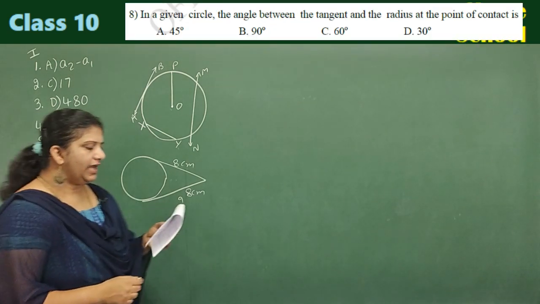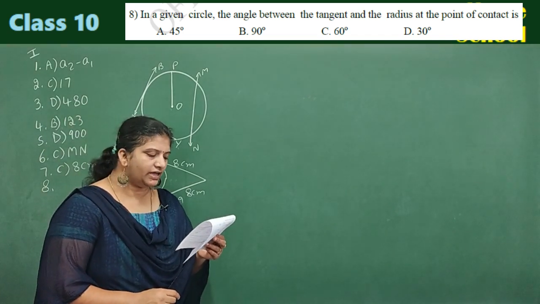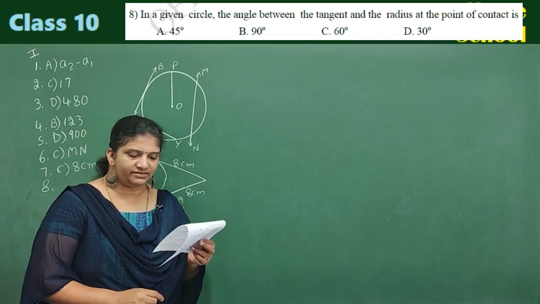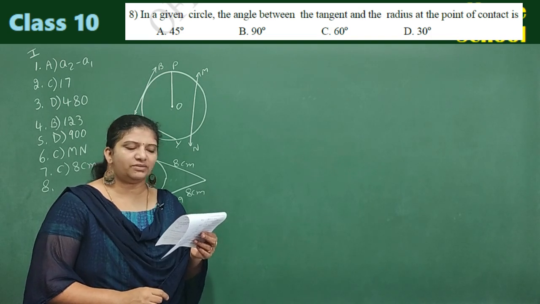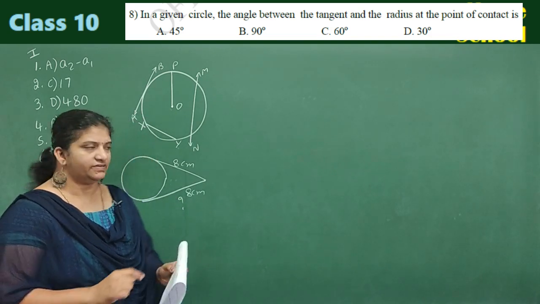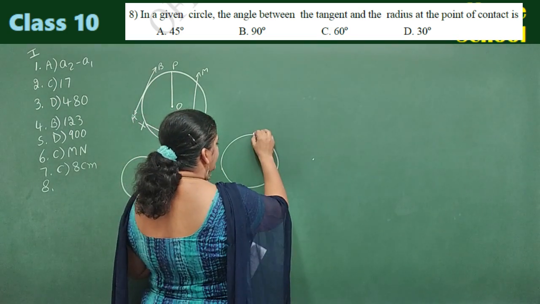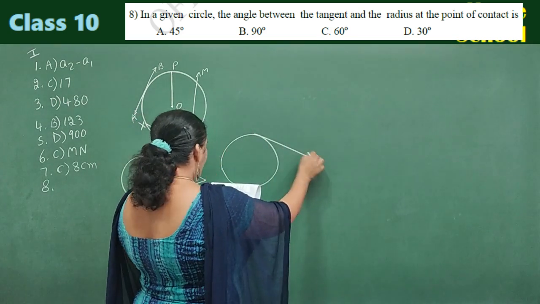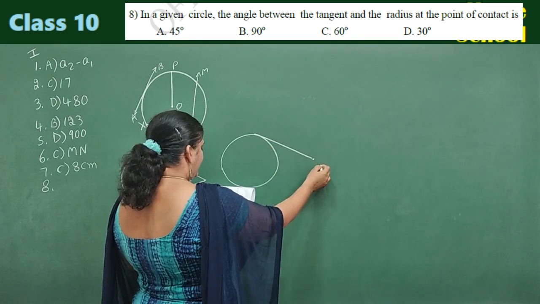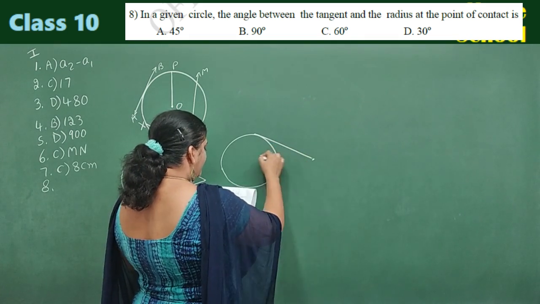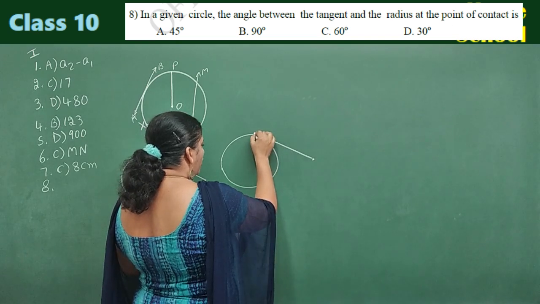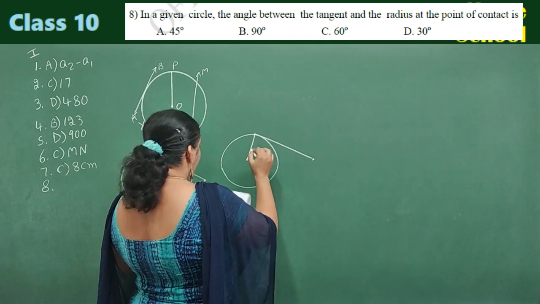Eighth one. In a given circle, the angle between the tangent and the radius at the point of contact is.